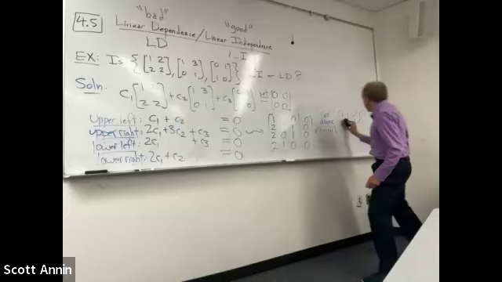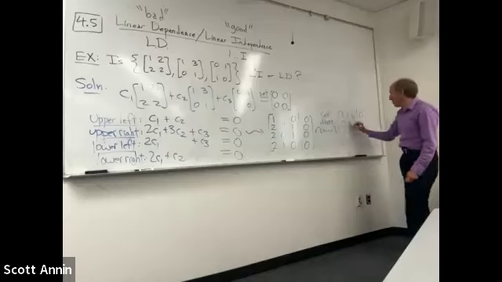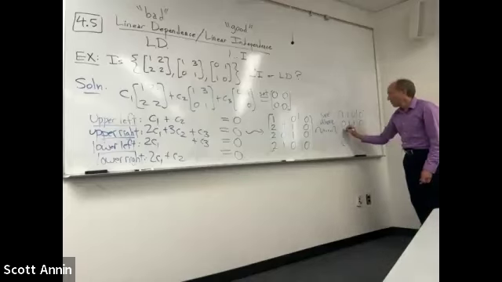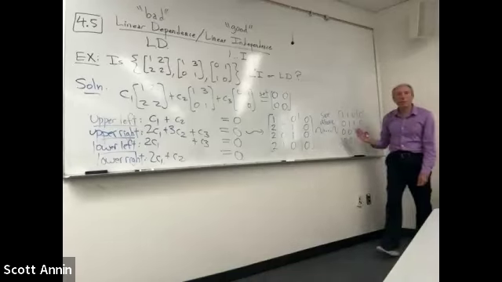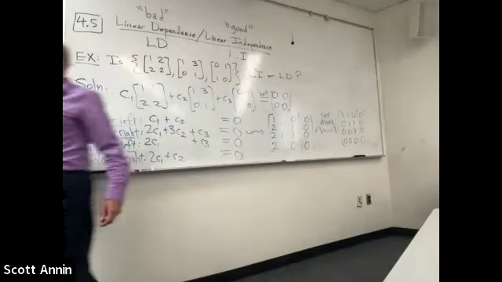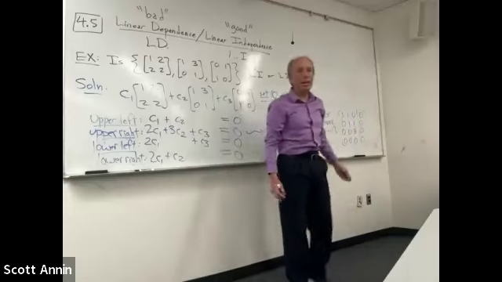Oh, sorry. I'm supposed to get the row echelon form here. It will stay all zeros all the way through the whole thing. So 0, 0, 3, 0, and then 0, 0, 0, 0. So this is exactly this matrix right here, except with a column of zeros on the far right.